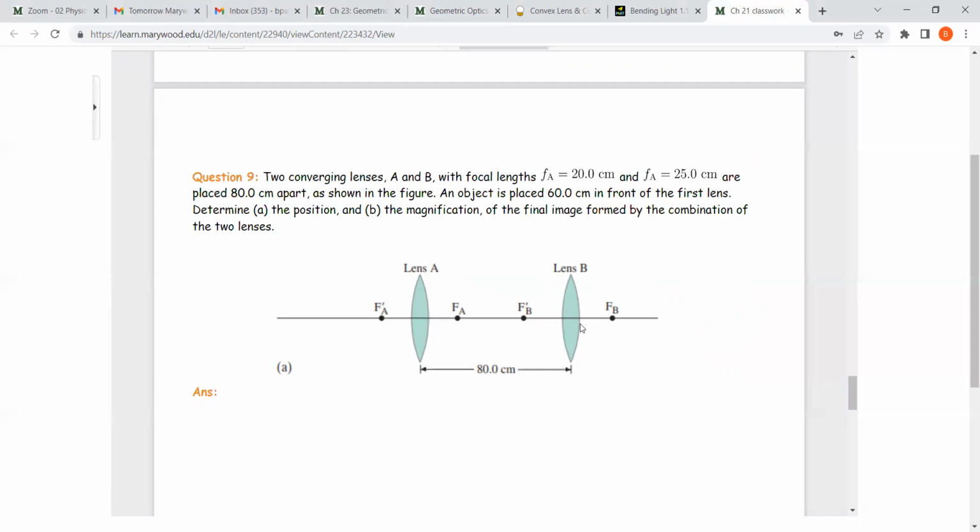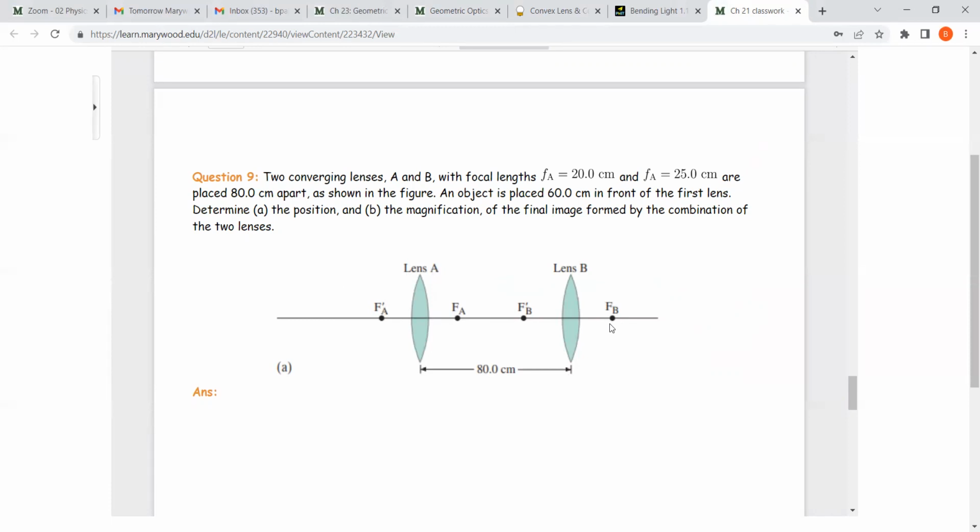Then if we want to know the total magnification, so if we have an object, it will create some image somewhere, and then this will also create some image. If I want to know the total, combined magnification, we just multiply.